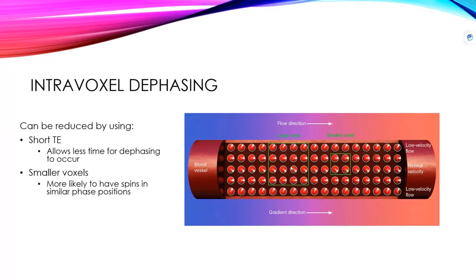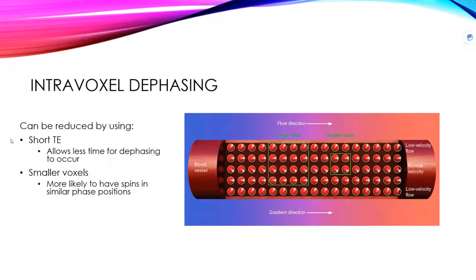The larger the voxel, the more likely you're going to have dephasing within it because you have stationary and flowing nuclei. So in this particular anatomy, the stationary is the blood vessel and the flowing is the blood. And so you're going to have stationary nuclei showing up dark, and flowing nuclei showing up bright.